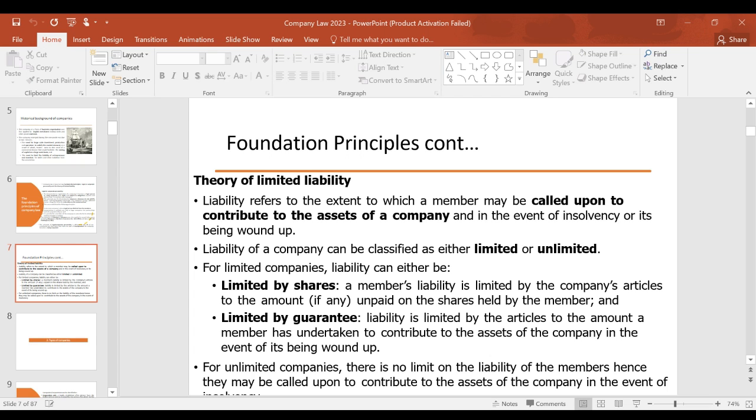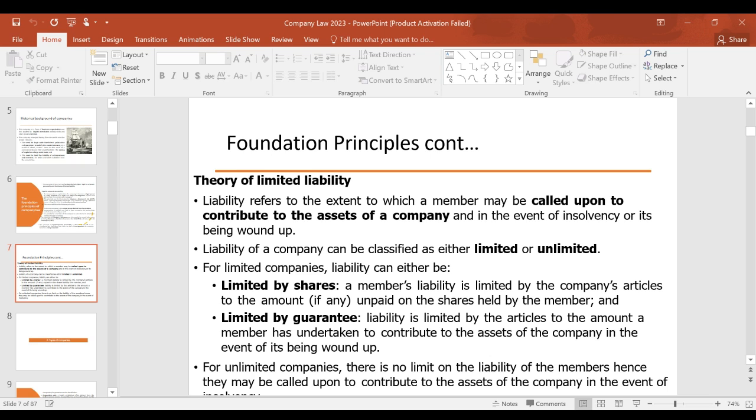Now, what about the limited liability by guarantee? Under this, the articles of association will indicate the amount each member has guaranteed, that in case a company is wound up, they have guaranteed to remit or to contribute towards the liability of a company.